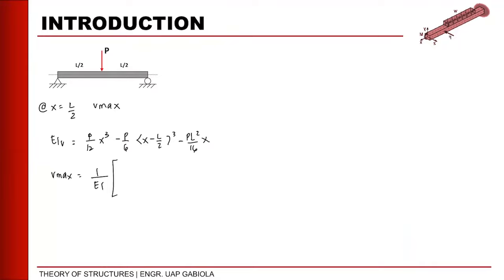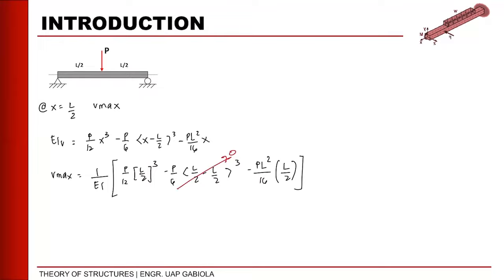And nasasubstitute natin si L over 2 sa lahat ng may x. So, P over 12, L over 2, cube, minus P over 6, L over 2 minus L over 2, cube, minus P, L squared over 16 times L over 2. Okay? Dito, this will be 0 kasi L over 2 minus L over 2 is 0.